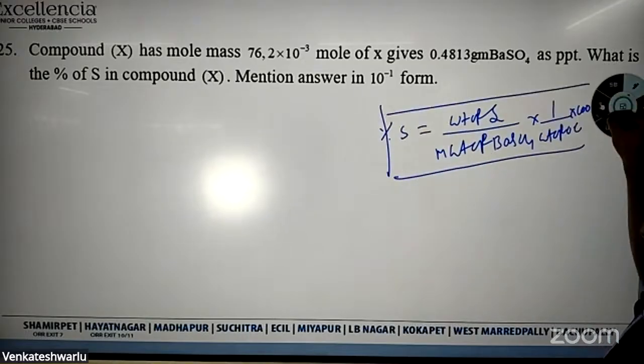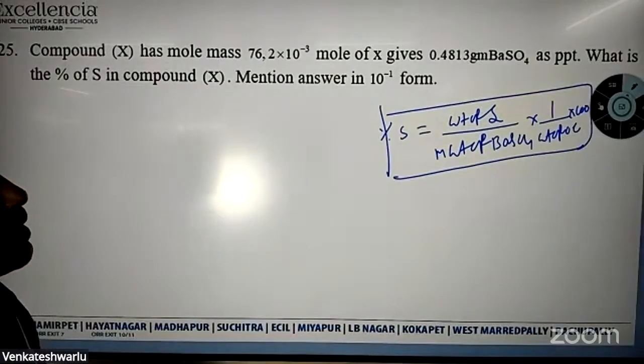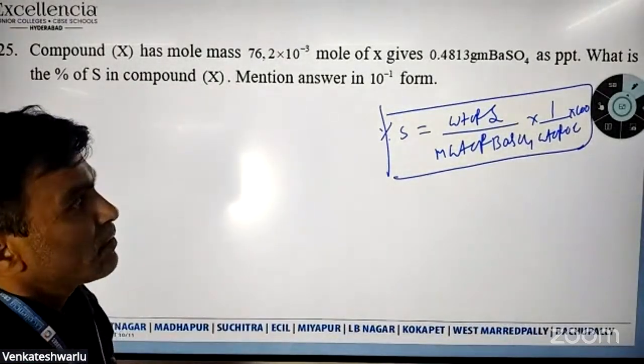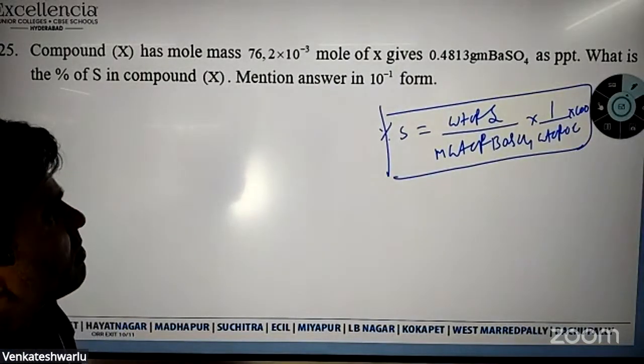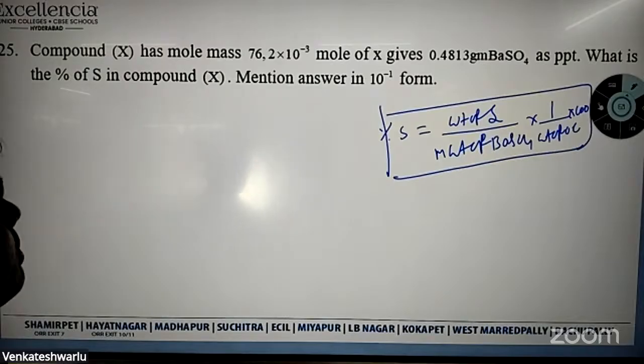This question is given from qualitative analysis of first year. In last sessions also, in most sessions, these questions are related to finding the percentage of sulfur here.